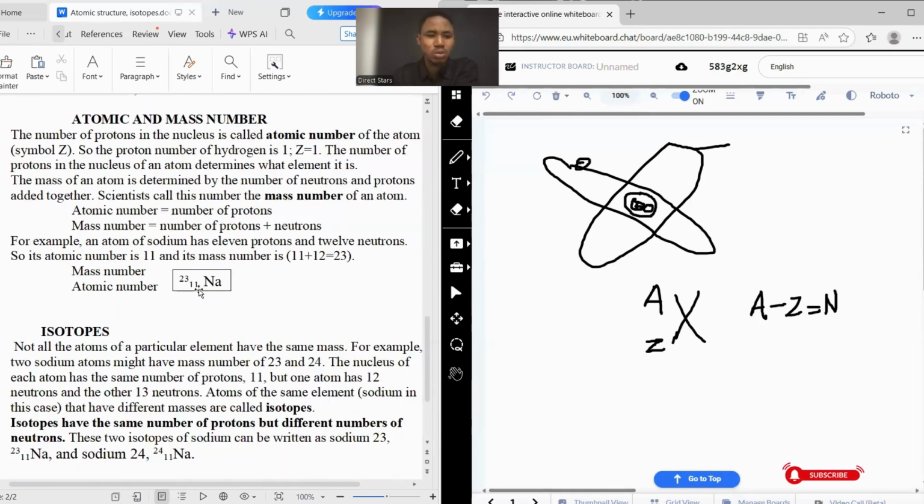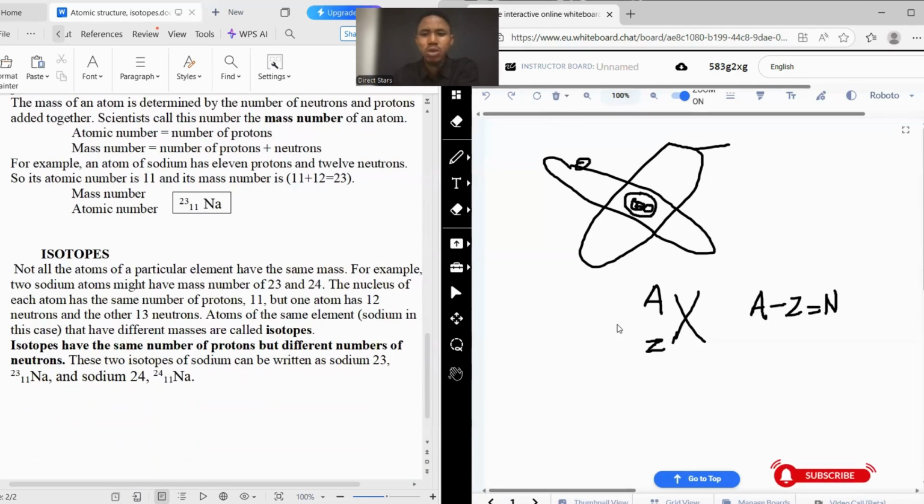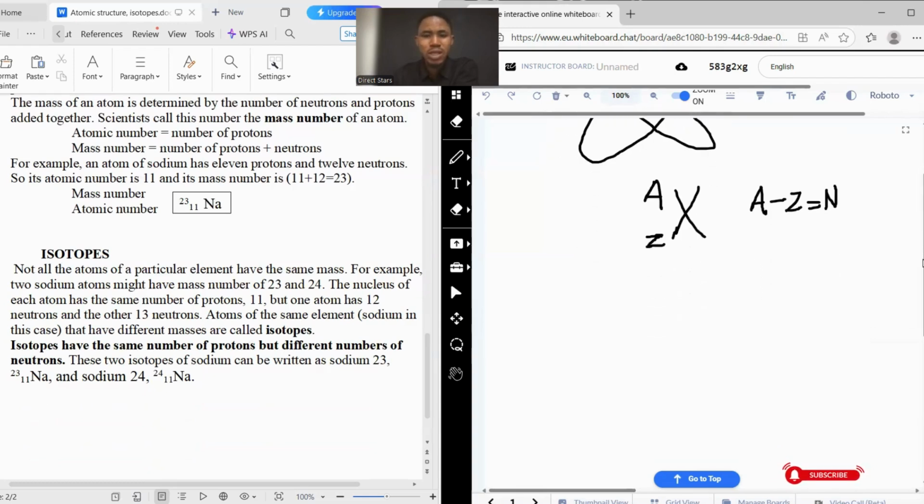That is how we solve for neutron number. Let's go with isotopes. What do we mean by isotopes? When the neutron number is different, that is where we have isotopes. We have the same atomic number but different neutron number. Not all the atoms of a particular element have the same mass. For example, two sodium atoms might have mass numbers 23 and 24.